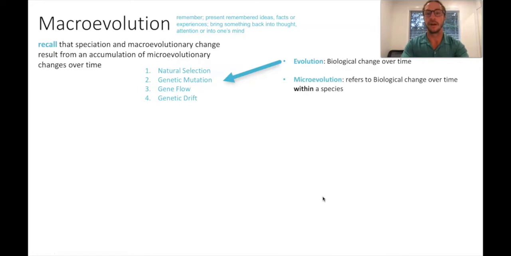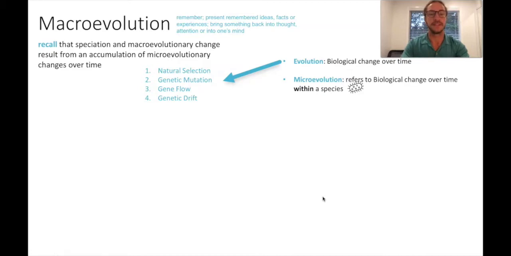Microevolution refers to biological change over time within a species. That is changes, for example, in DNA sequences and allele frequencies within a species, generally over a shorter period of time. An observable instance of microevolution, for example, is how bacteria develop antibiotic resistance.